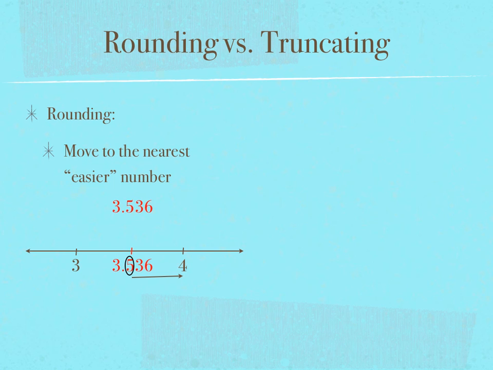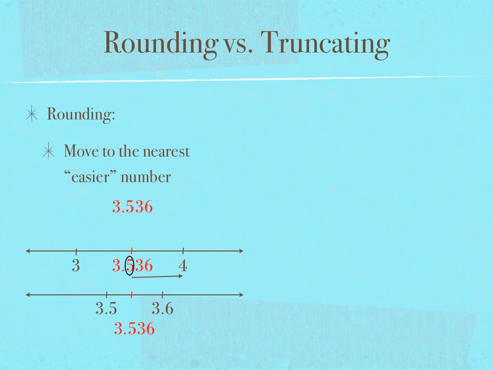But maybe we want to be a little more precise than a whole number, but we don't need all of the decimals after the decimal point. So what if we ask, how do we round this to the nearest tenth? Is it closer to 3.5 or 3.6? It's clearly between those two numbers, but I want to know which one is it closer to. Again, we're going to look at the digit that is one decimal place to the right of the place we're rounding to.